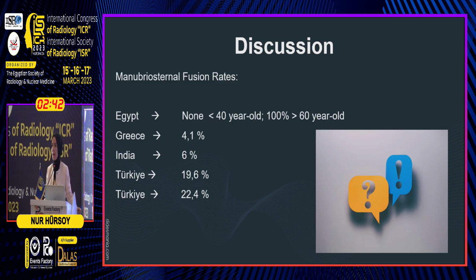Discussion: as I expected, Manubriosternal fusion is more common than in the literature. Interestingly, there are a few studies from Turkey, and our results are similar. So I think that in Turkish people, Manubriosternal fusion rates are higher than in some other countries. I couldn't find any explanation for this in the literature.